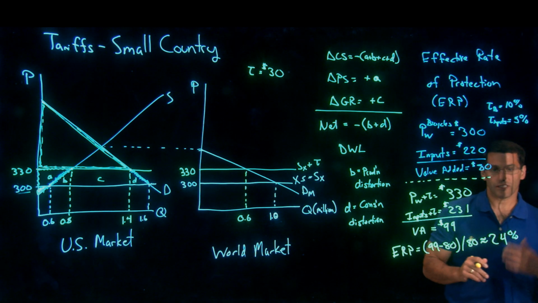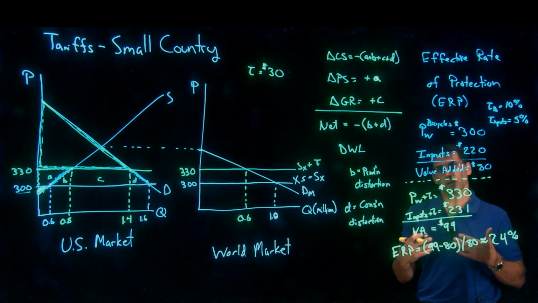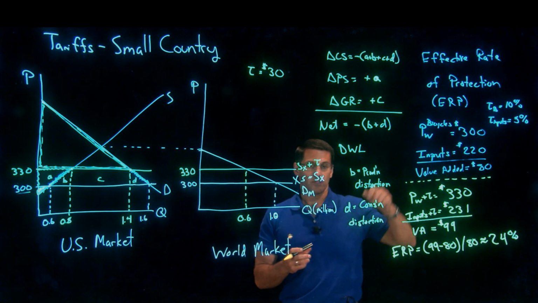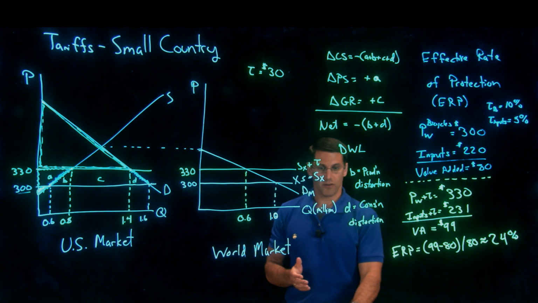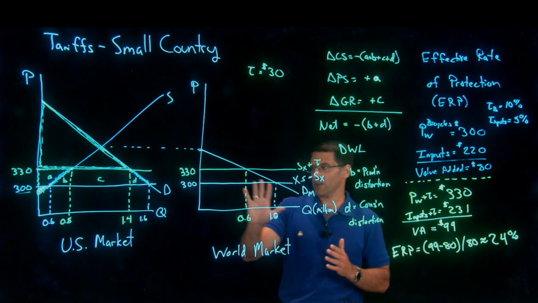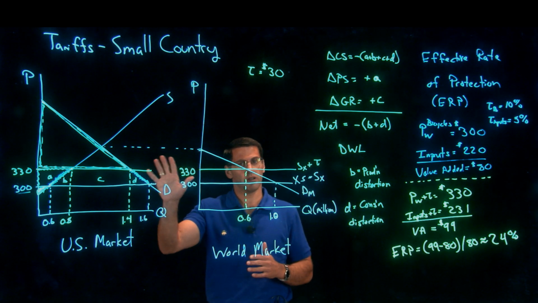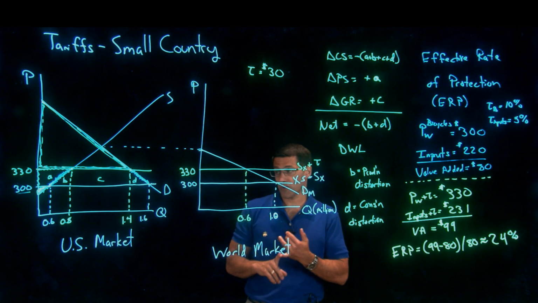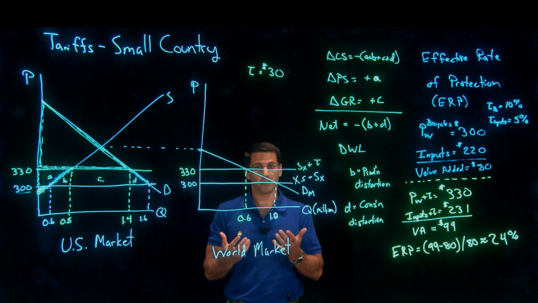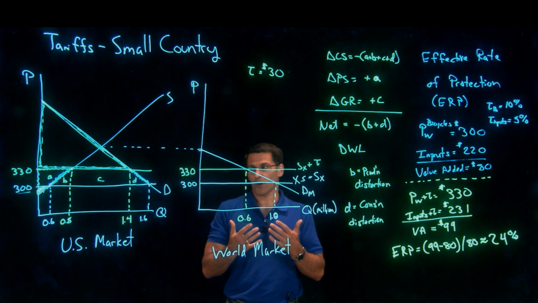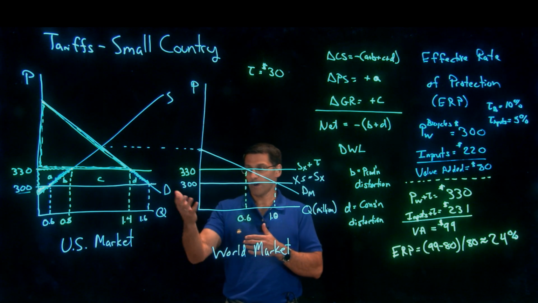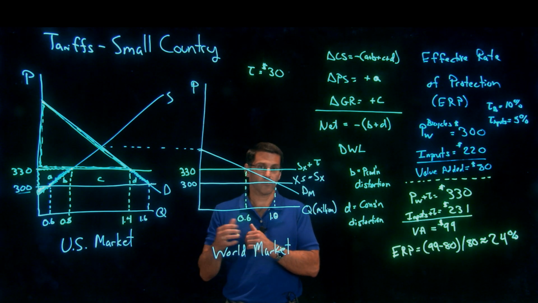So that's how you calculate the effective rate of protection. What's important to note with this concept is that you're factoring in two things that we're not seeing with the simple analysis that we did graphically. The first is the fact that the manufacturers are actually purchasing a lot of their inputs, and what we really want to focus on is the value added provided by the actual manufacturer of the bicycle.